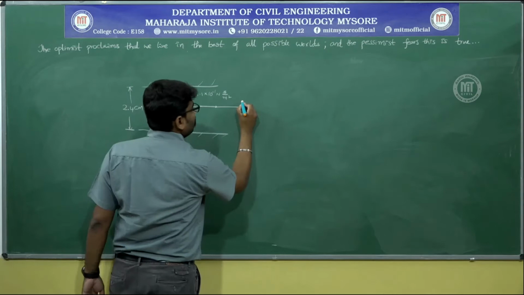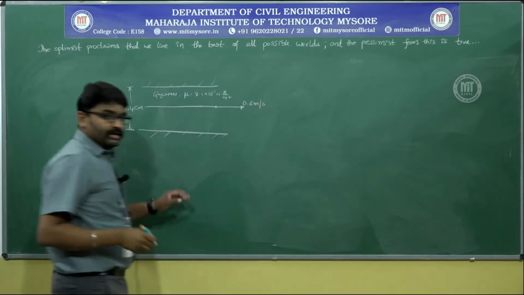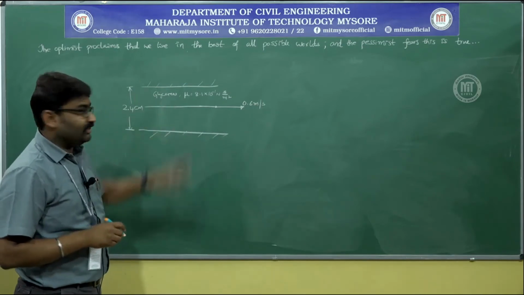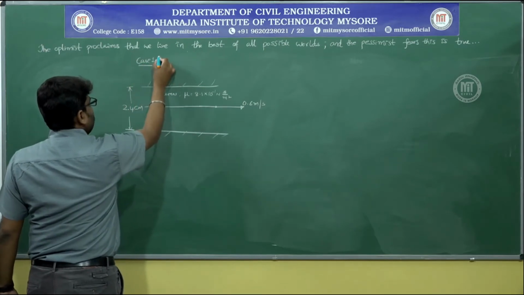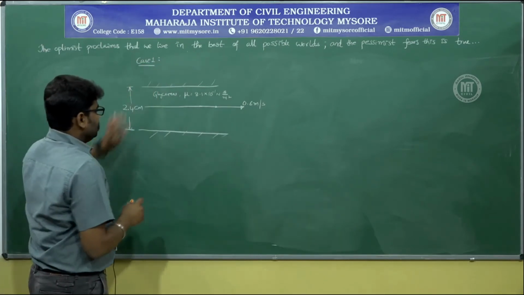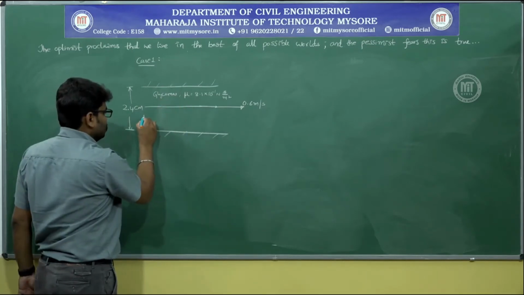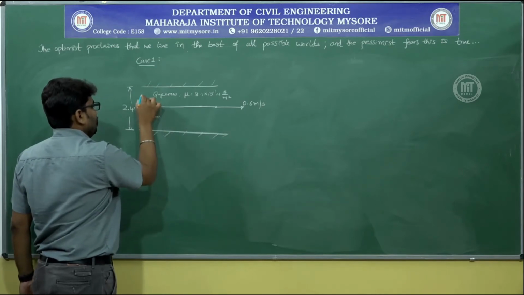At a speed of 0.6 meter per second. This coincidentally also happens to be the drawing that helps you to solve the first question. So I will put here as case 1. This is the drawing for case 1. That means this plate is exactly at the center of the gap. That means it has to be 1.2 centimeter from either side.